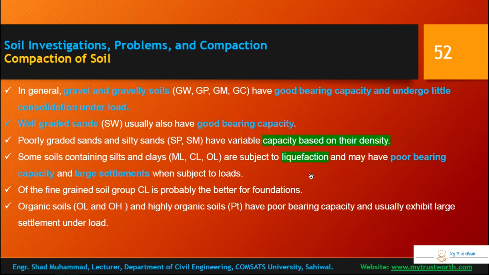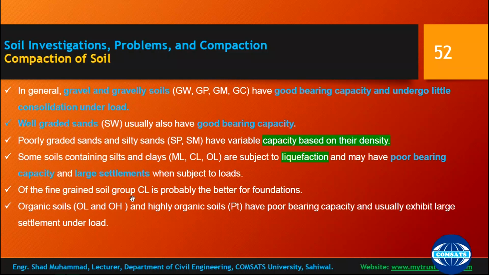Liquefaction is a phenomenon in which all the strength is lost, with poor bearing capacity and large settlement when subjected to loads. So fines, silts and clays have poor bearing capacities, and large settlement and differential settlement, and mostly they are responsible for differential settlements too.